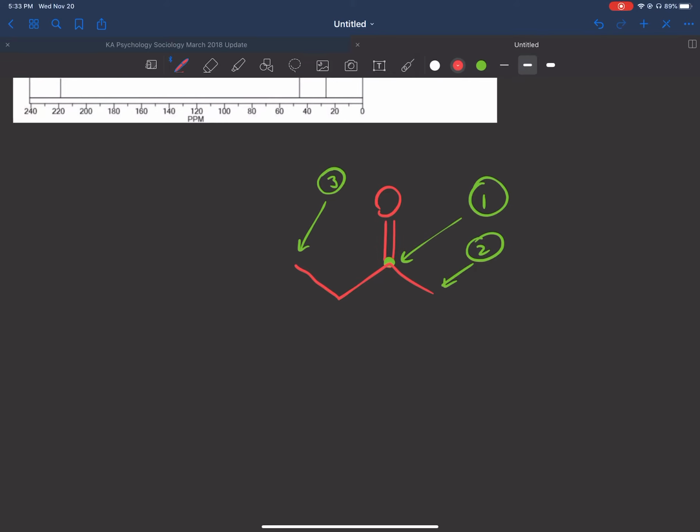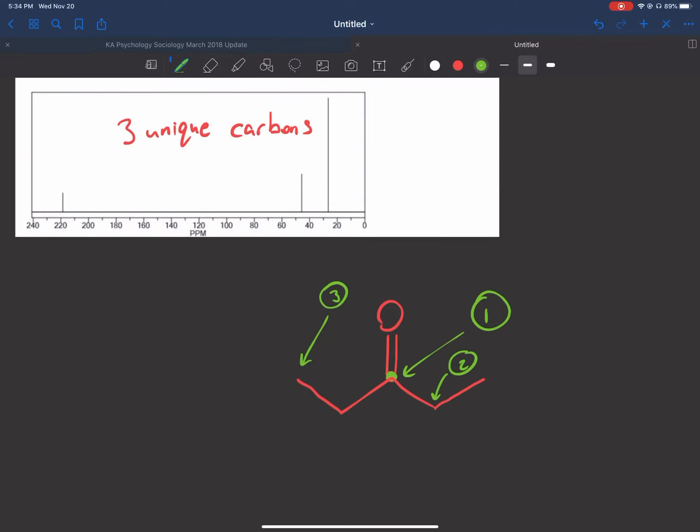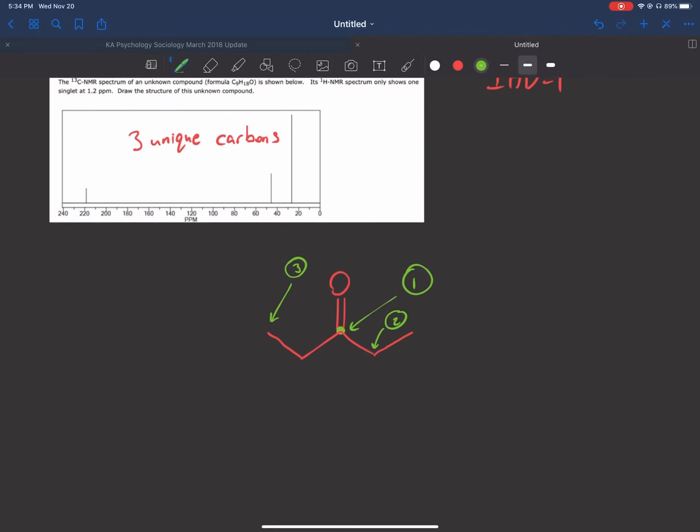Well, remember, I can always add another one on the other side. It's not going to pick up this one because it's not unique. So far, we have 3 unique carbons, and we've used 1, 2, 3, 4, 5 carbons. So 4 left.